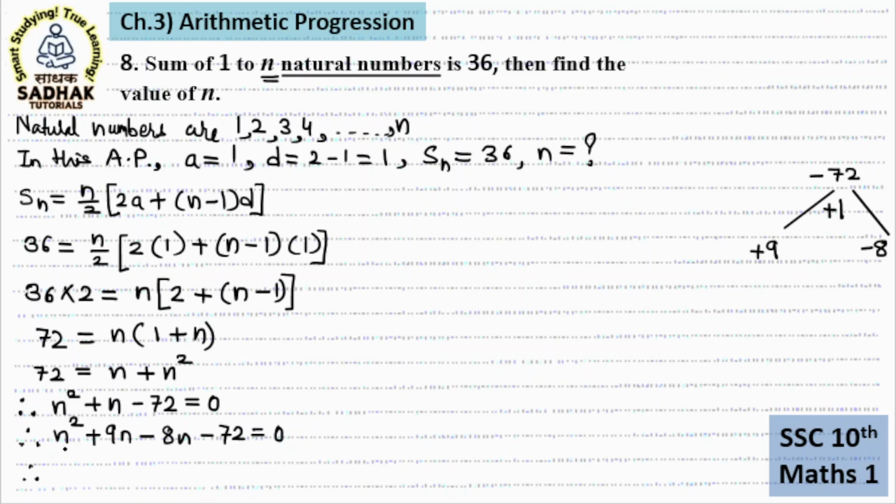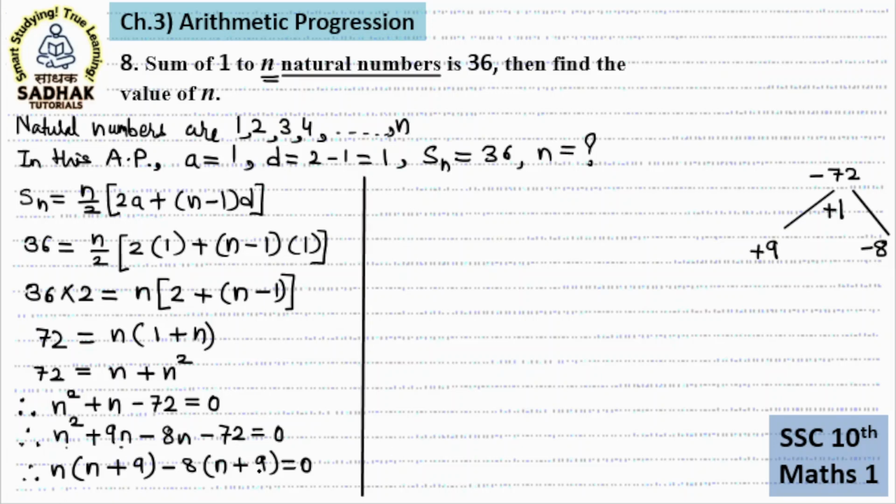Now in n square and 9n, n is common, so I am taking n common outside, so that leaves n plus 9 in the bracket. Here in minus 8n and minus 72, minus 8 is common, so I am taking minus 8 outside, so that leaves n plus 9 inside the bracket, is equal to 0.